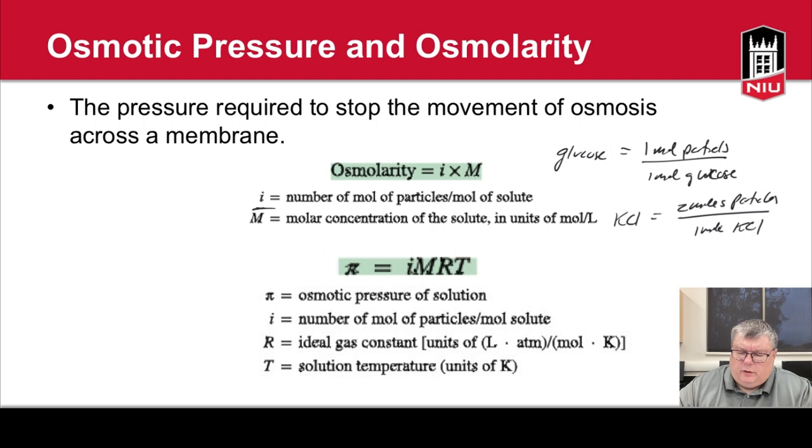And osmotic pressure looks a little like the ideal gas law, in that it is pressure, pi, osmotic pressure pi, is equal to i times M times RT, where M is moles per liter, i is the number of particles per mole, R is the ideal gas constant in units of liters atmospheres per mole Kelvin.